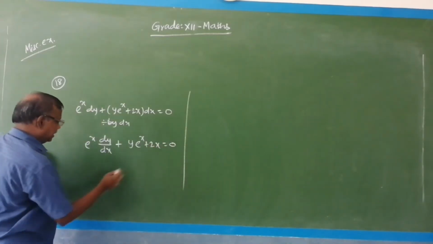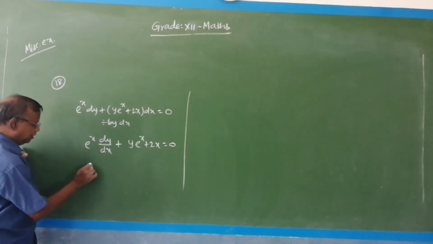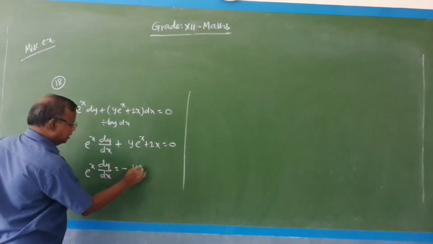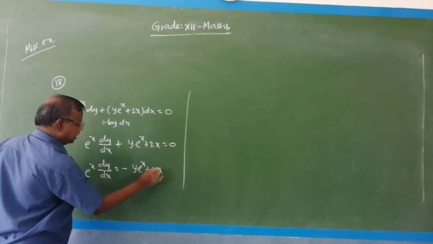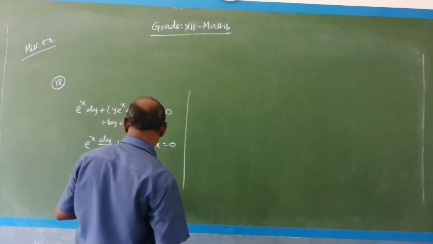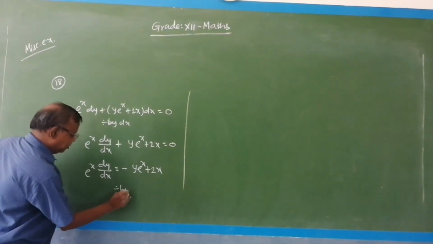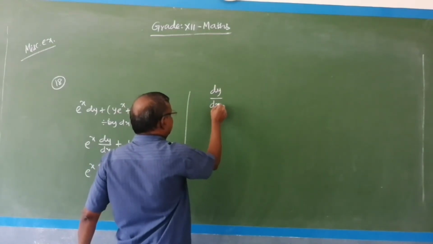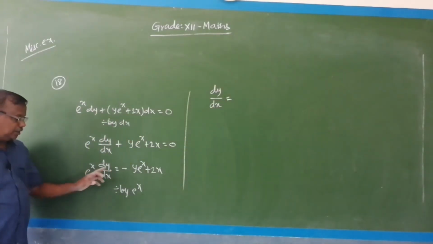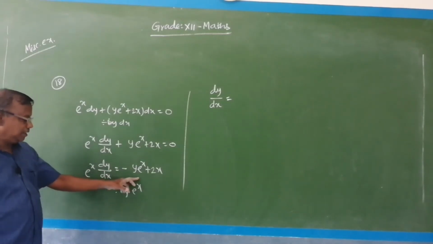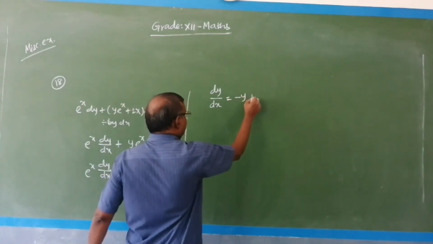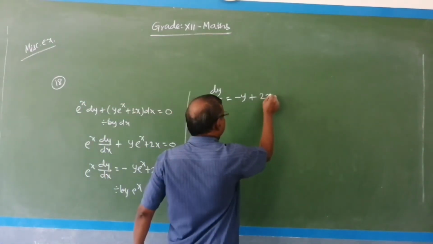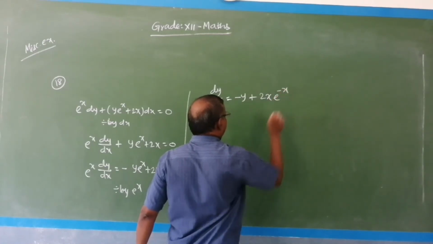So, bring the terms over, that is e power x into dy by dx equal to minus y e power x plus 2x. Divide by e power x on both sides. So, dy by dx equal to minus y, divided by e power x means minus y, and plus 2x into e power minus x.